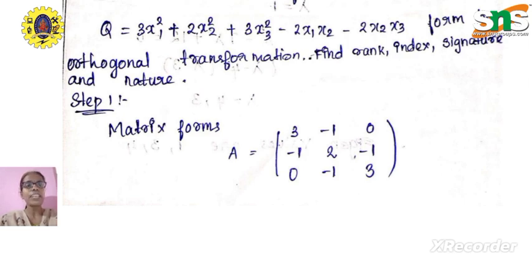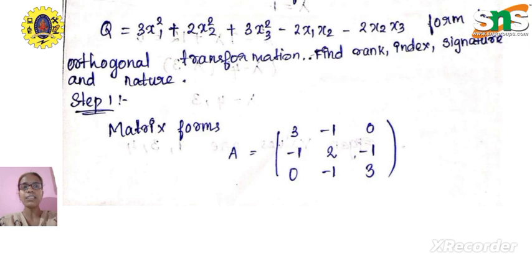The next thing is x2x3, which means second row third element and third row second element should both be the same, which is minus 1. You divide minus 2 by 2, which is minus 1. Only 5 terms are given in the quadratic form, but we need six terms, so one term is missing.